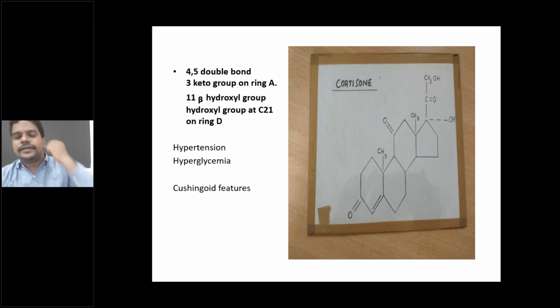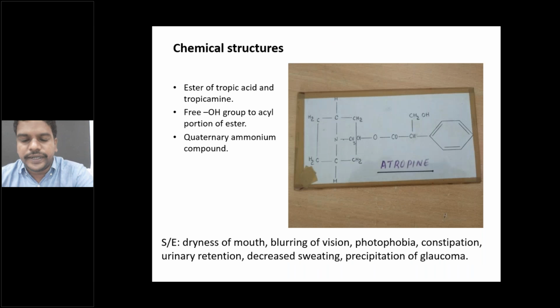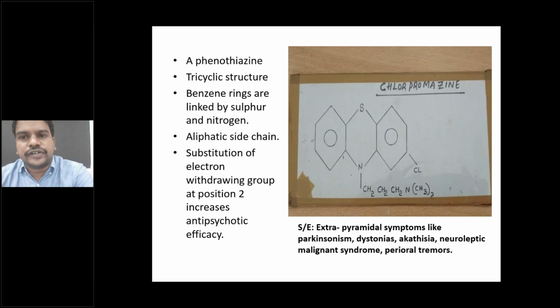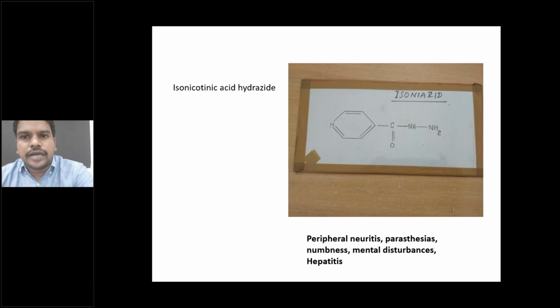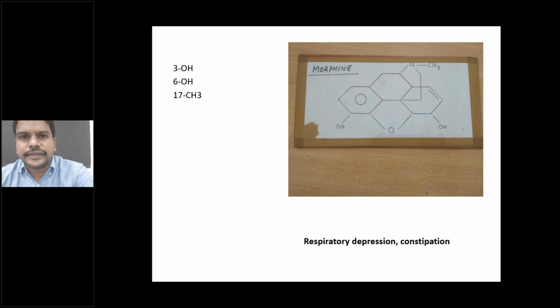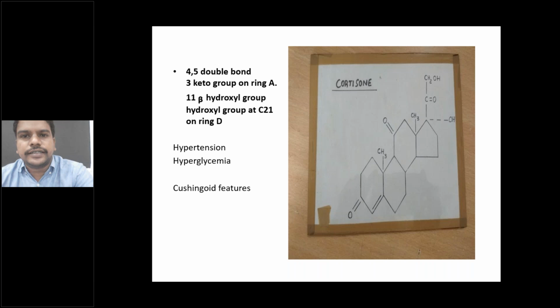Okay, this is about the chemical structures. We have totally 10 chemical structures. From the starting onwards: atropine, chlorpromazine, dopamine, digoxin, isoniazid, morphine, tubocurarine, dapsone, halothane, cortisone.